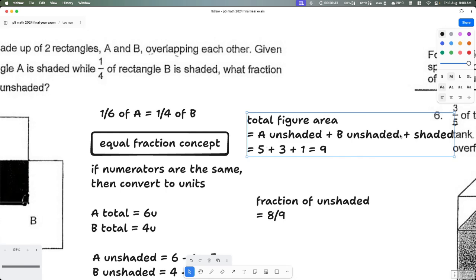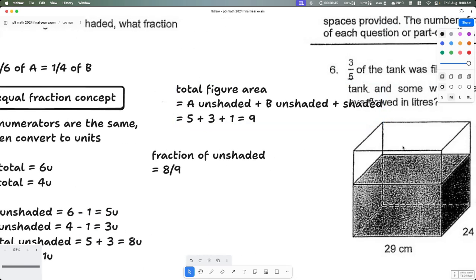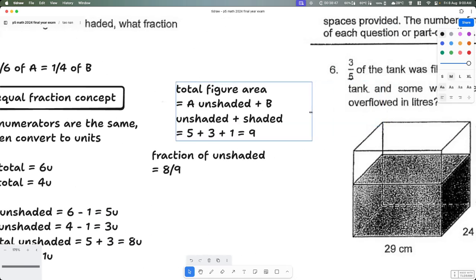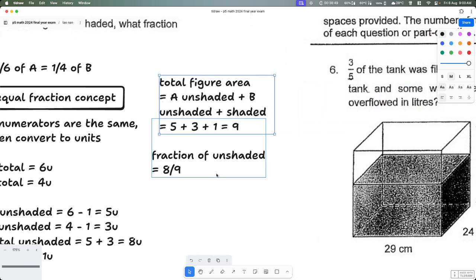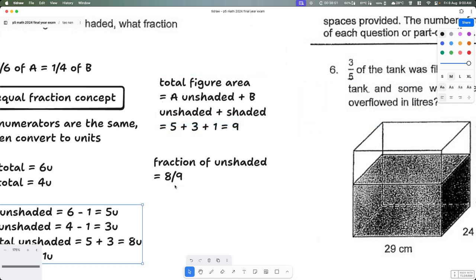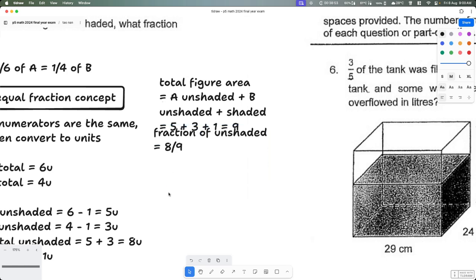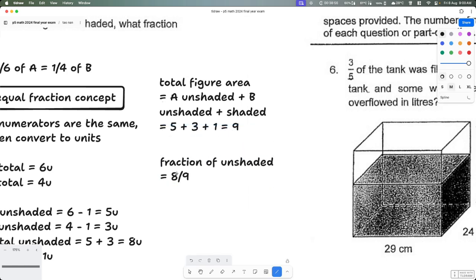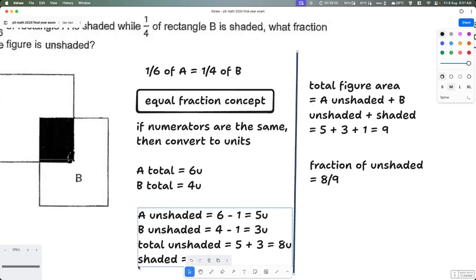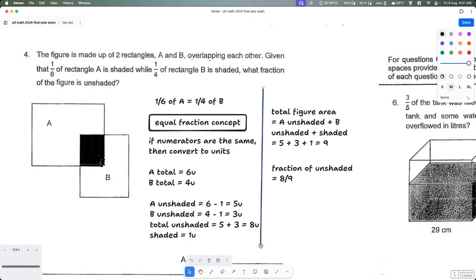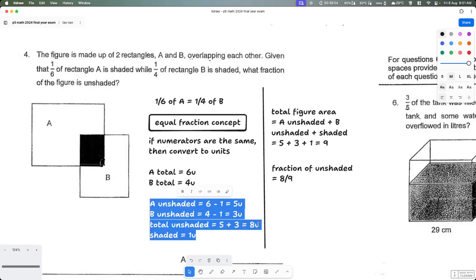So I would say this makes a lot more sense, right? Because we want to know the number of unshaded units in this case. Hopefully this makes sense.